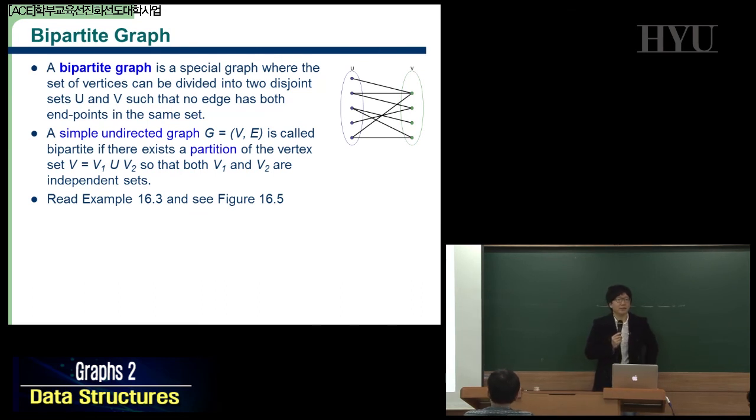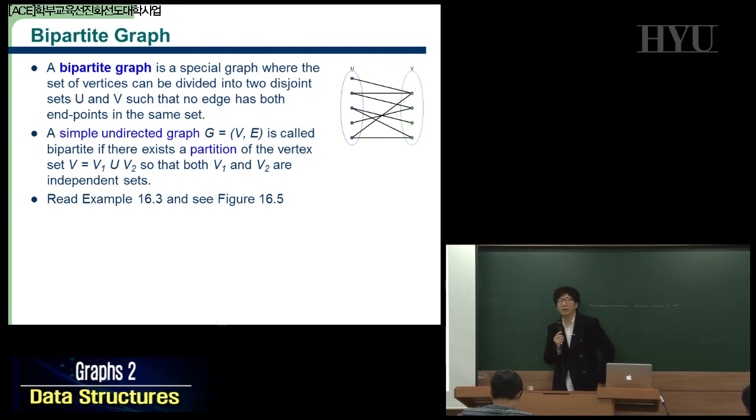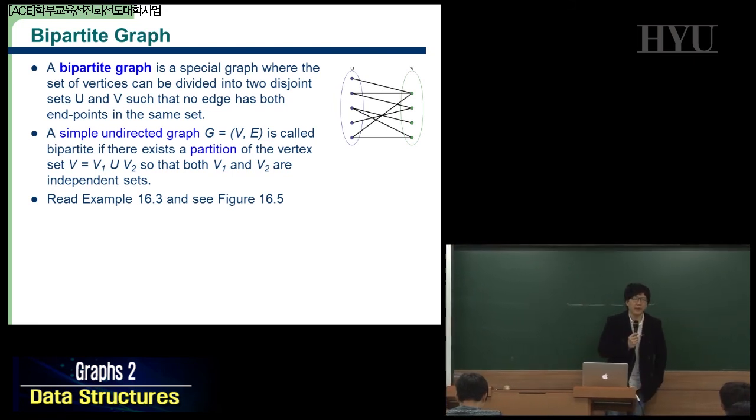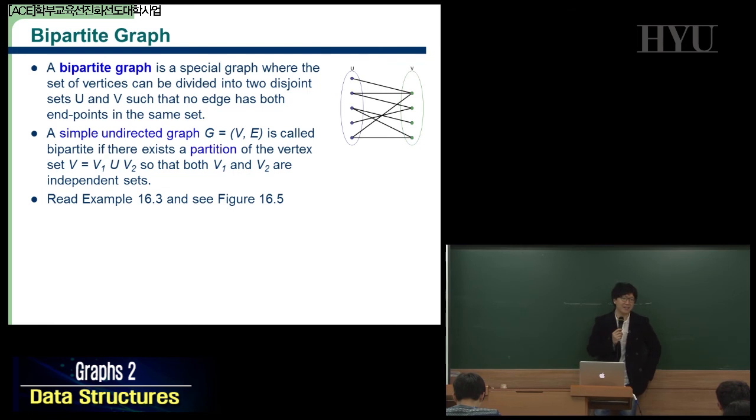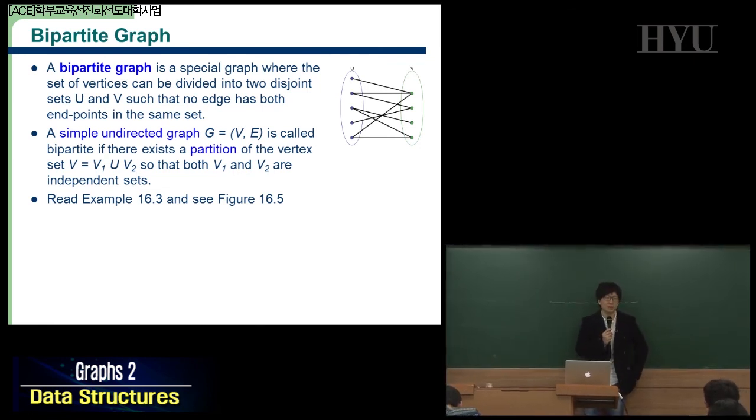Bipartite graph. Also a different type of graph, meaning that simply you can divide it into two different sections. They try to describe it in a bit more complex way, disjoint sets U and V. Simply means if you can divide all the vertices into two different groups, and within the groups there are no edges among them, and you only have edges to vertices in the other group, then it's a bipartite graph.